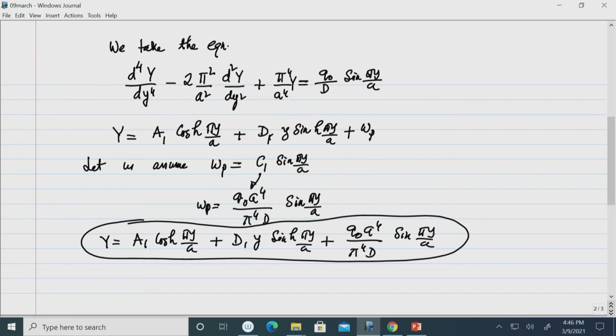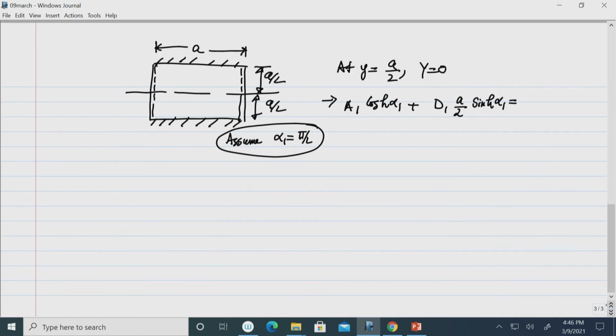Instead of y you put a by 2, so sin pi by 2 is 1. Therefore, this term will be minus q naught a to the power 4 by pi to the power 4 d. So, that is one equation.